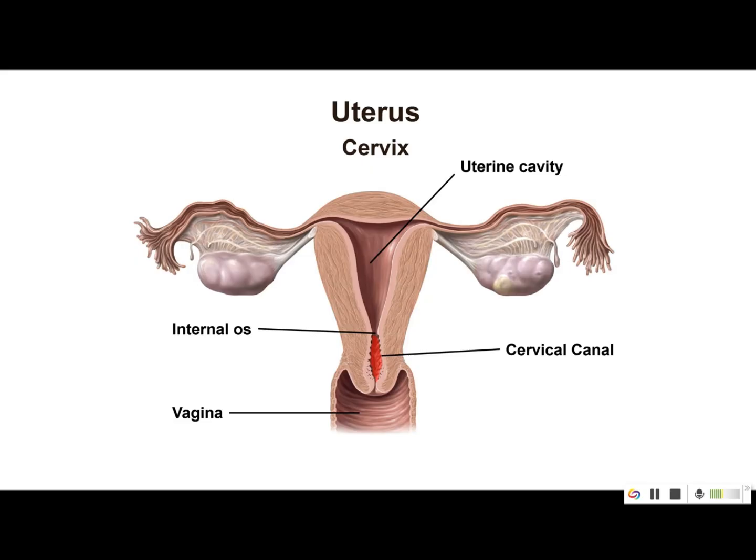The lower opening into the vagina is known as the external os and is circular in nulliparous women. The shape of the external os is mostly dependent on whether a woman has given birth. During normal labor, the uterus contracts as the cervix dilates, and this results in the delivery of the infant.